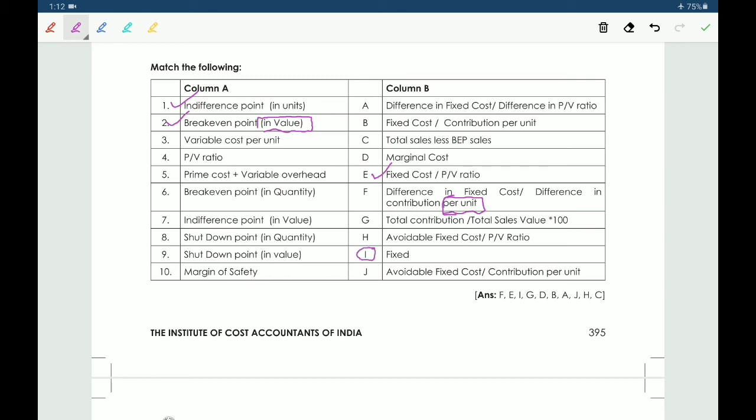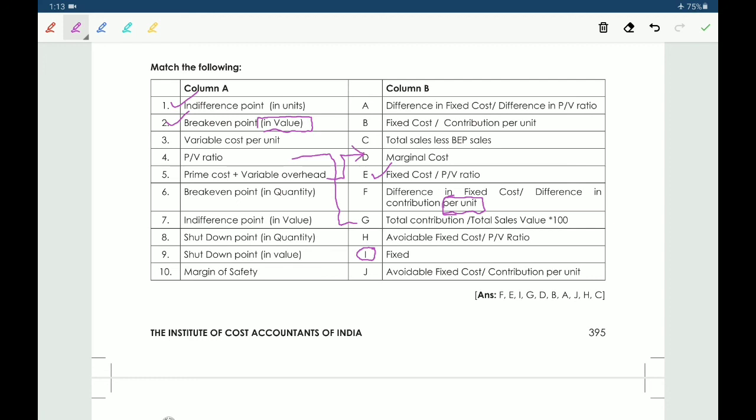Next, fourth one, PV ratio. So what is the formula for PV ratio? Total contribution by total sales value. So this is the G, total contribution by total sales value. Next, fifth one, prime cost plus variable overhead equal to, we know that prime cost plus variable costing gives marginal costing.